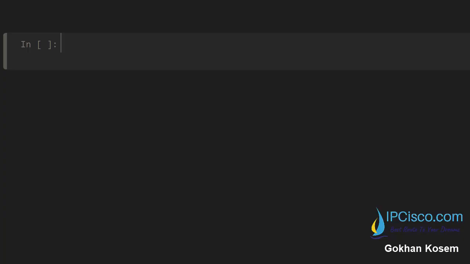We can assign numbers, strings, tuples, sets, and dictionaries to a variable, and we should use case-sensitive letters. So an uppercase A and a lowercase a are different variables.